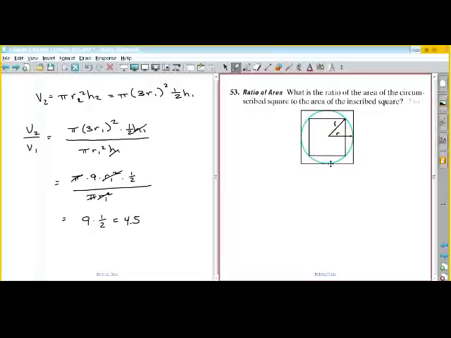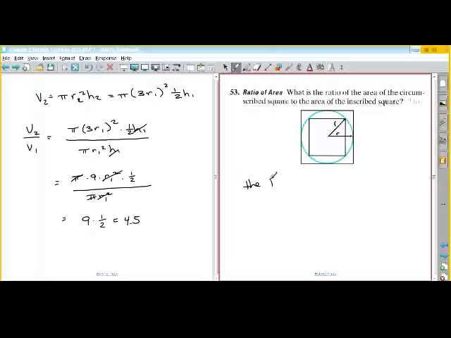So any straight line from the center to the surface of the circle is the radius. So you can see that the dimensions of the outside square are going to be 2 times r, because I'll have r to here, and r to there, and you can add those two together.